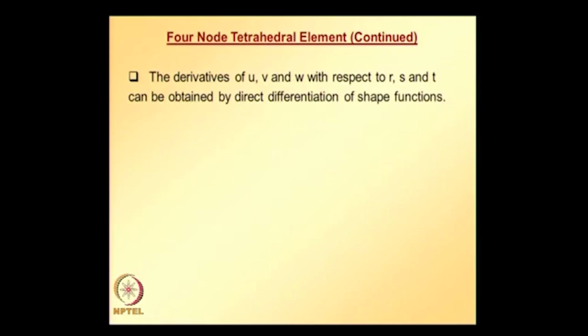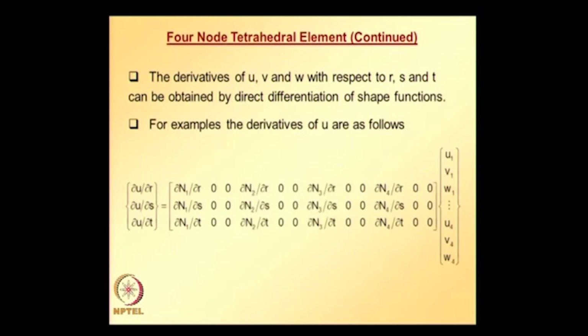So, derivatives of u, v, w with respect to r, s, t can be easily obtained once we know the derivatives of shape functions with respect to r, s, t, which we can easily get since we already know the expressions for shape functions.